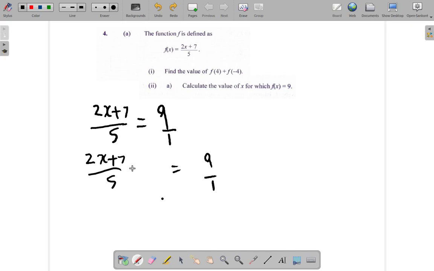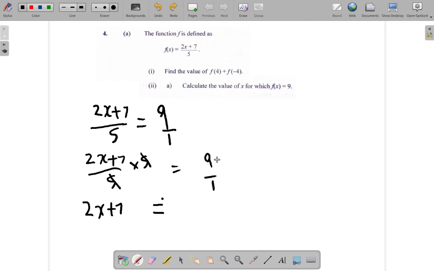So if you multiply the left hand side by 5, 5 into 5 is 1, so you have no more 5. 2x plus 7 is what is left on the left. But if you multiply on the left by 5, the equation is not balanced anymore.